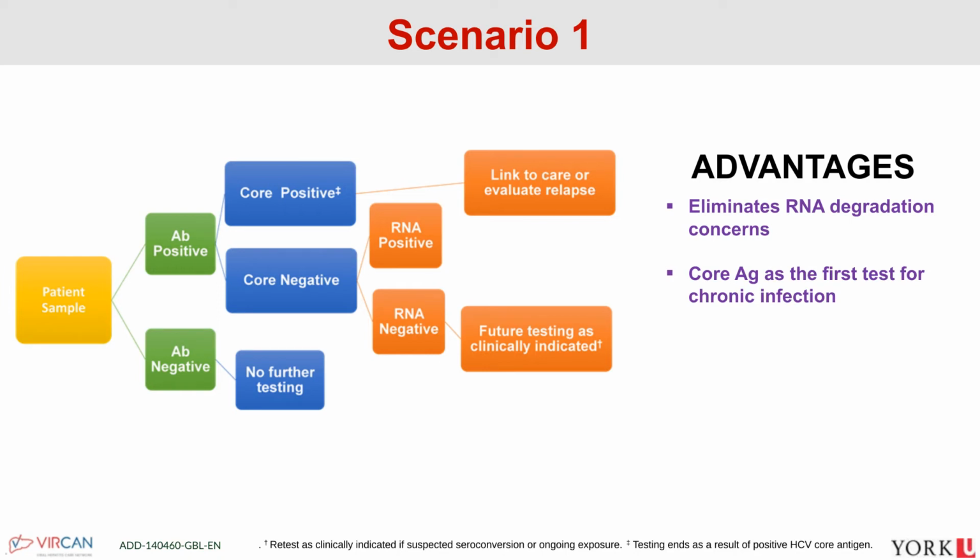When we think about diagnosing chronic infection, we actually should be considering, what tests are the right tests for each individual stage in the cascade. So there's the diagnosis stage, there's also the test of cure stage, or the SVR stage, and we could be using core antigen for both the first test as well as the test to confirm chronic infection, so 6 months later.